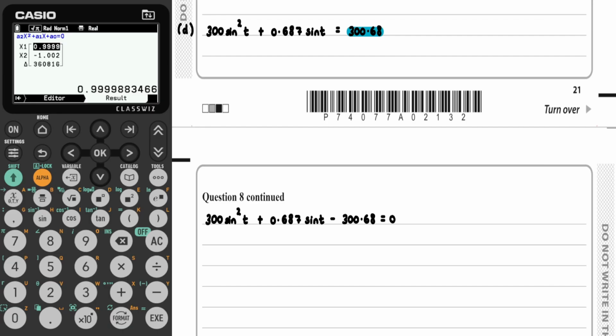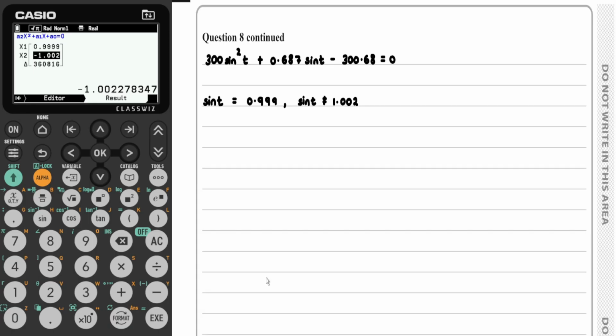Here we have sine t equaling 0.999, etc. And for the other one, you can see this is even more negative than negative 1. And so sine t cannot equal 1.002. And so we would have to work with this 0.999988 value.